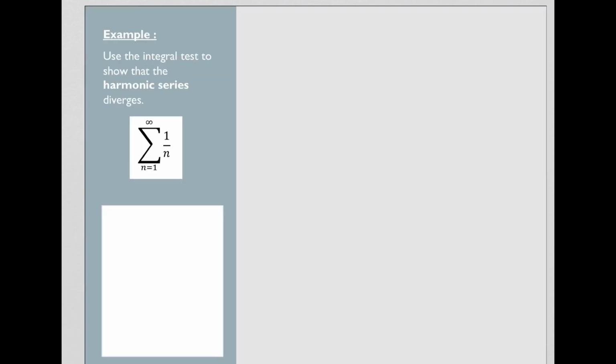Let's complete this video by using the integral test to show that the harmonic series 1 over n diverges. Let's start by looking at the series n equals 1 to infinity of 1 over n and writing to it the corresponding function f of x equals 1 over x.